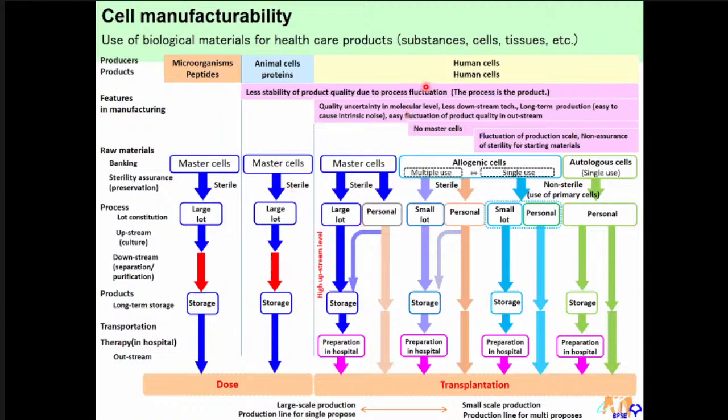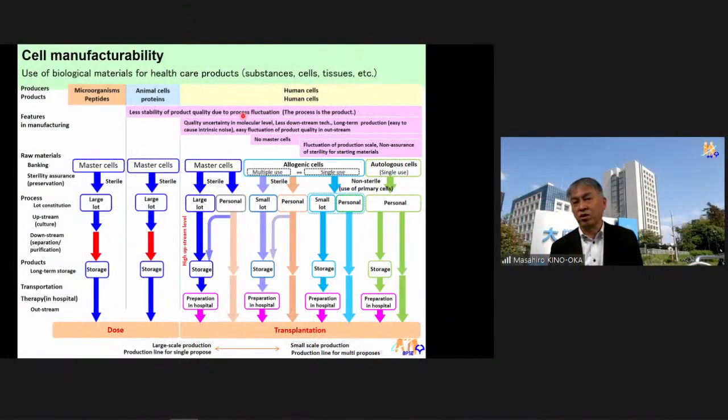How about our case? We use human cells and we produce human cells. Of course, we have to consider this lower stability of the product quality due to process fluctuation. Additionally, as I mentioned, the quality of cells: what is the quality? Cell quality, we don't know.